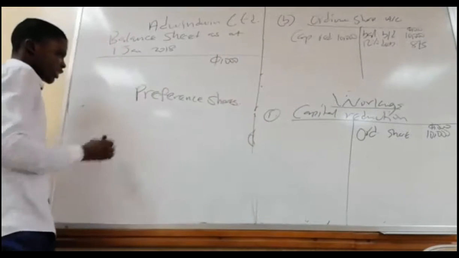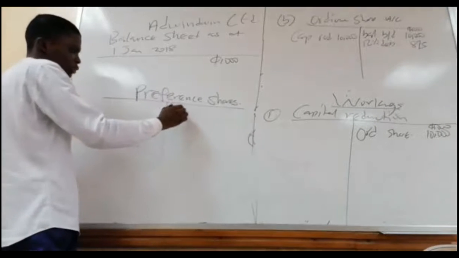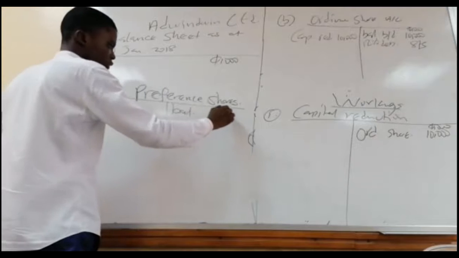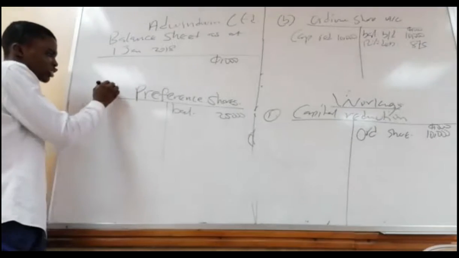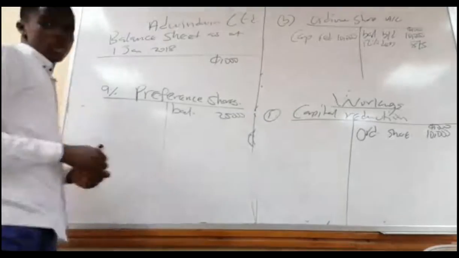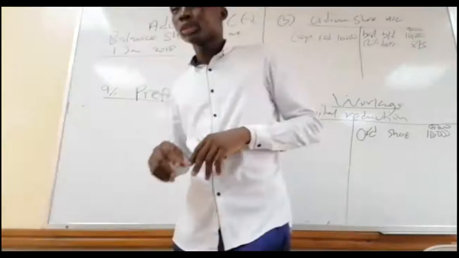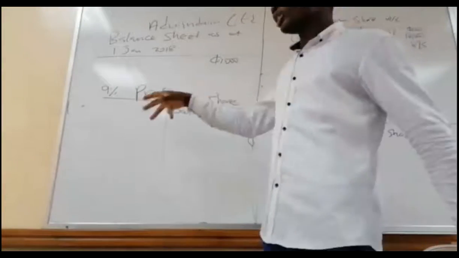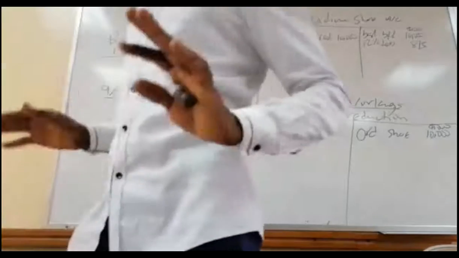With the preference shares, immediately bring the balance down. Is it just preference shares or 9% related? You can write 9% cumulative preference shares, but if you write preference shares, it's also correct. For this question, you have only one preference shares, so to avoid a lot of writing, making it fast.